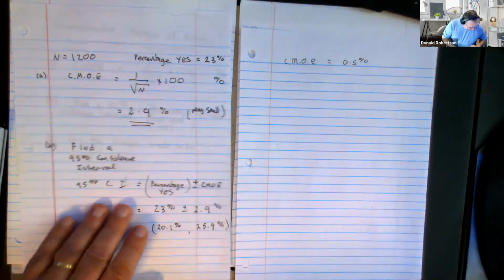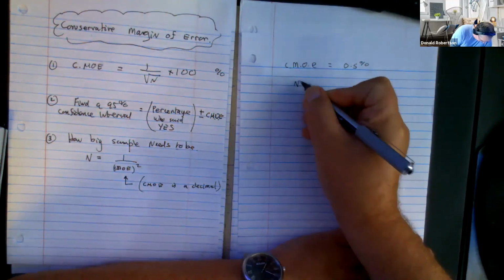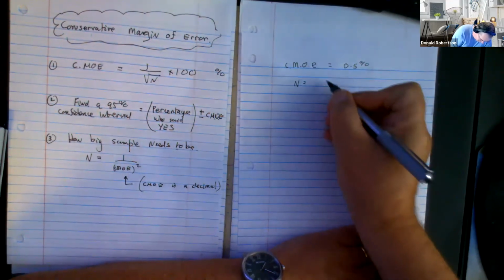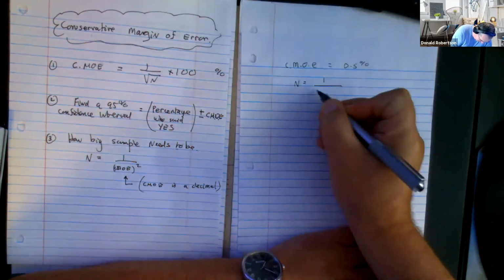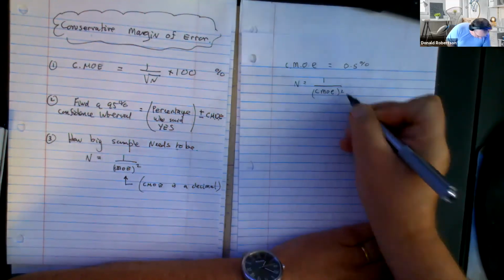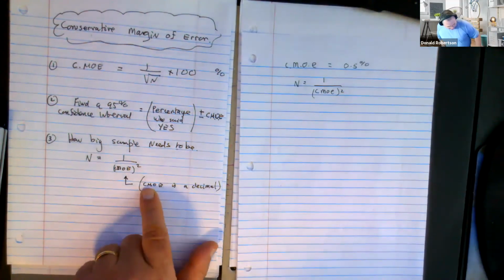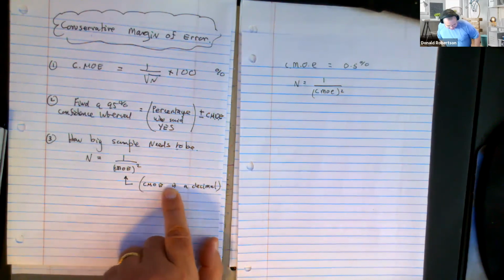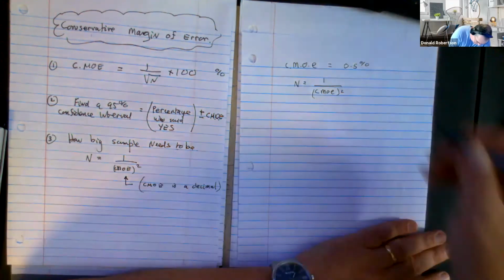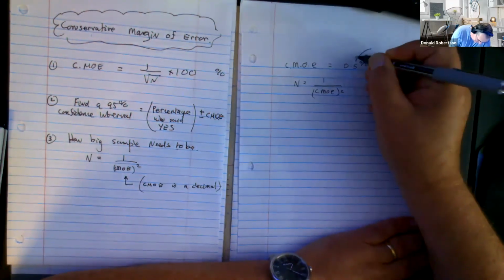Well, the good news is there's a formula for it. The number of people that you need to ask is 1 over the conservative margin of error squared. But make sure that the conservative margin of error is a decimal. That guy is a percentage.